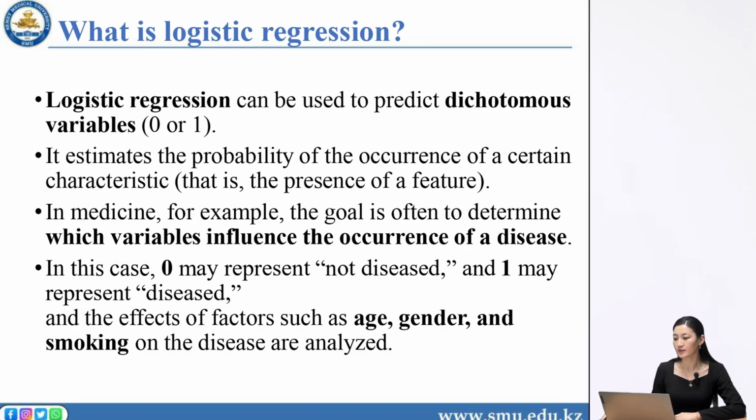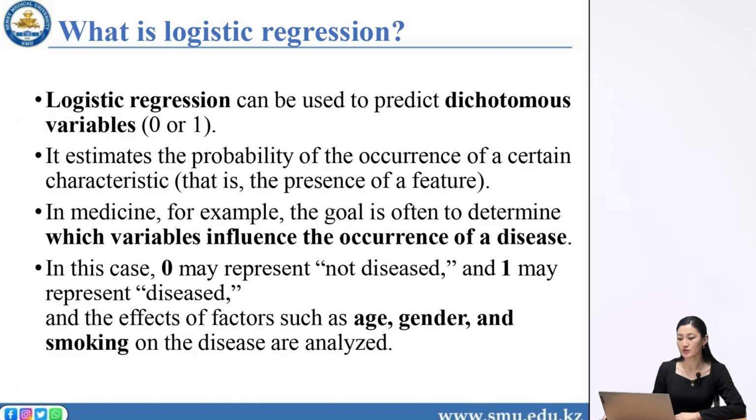What is logistic regression? Logistic regression can be used to predict dichotomous variables. It estimates the probability of the occurrence of a certain characteristic, that is, the presence of a feature. In medicine, for example, the goal is often to determine which variables influence the occurrence of a disease.